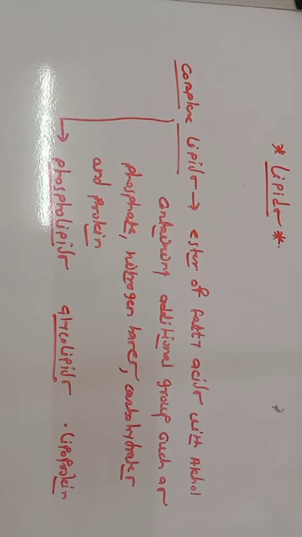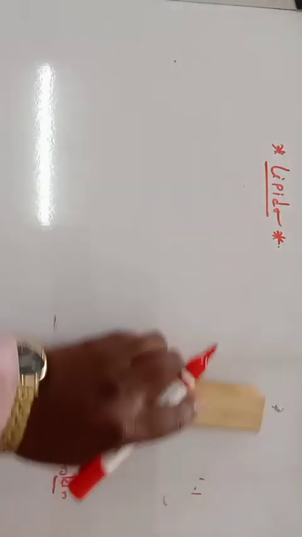Phospholipids means they contain phosphoric acid and frequently nitrogen bases. So along with fatty acids and alcohols, they contain phosphoric acid and nitrogen bases. So let's discuss the first one, that is phospholipids.